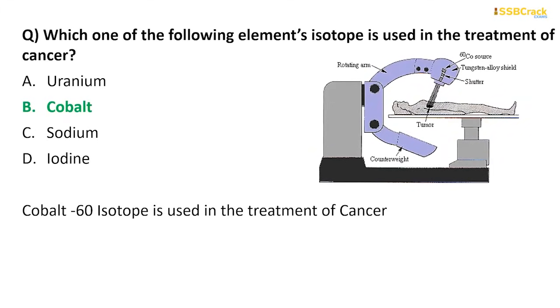Next time they can ask about uranium also, which is used in the nuclear reactors. They can also ask about iodine, which is used in the treatment of goiter disease. So to treat goiter disease, we use an iodine isotope. So these isotopes are very important. Now they have asked cobalt. Next time they can ask some other isotope. So you have to prepare accordingly.